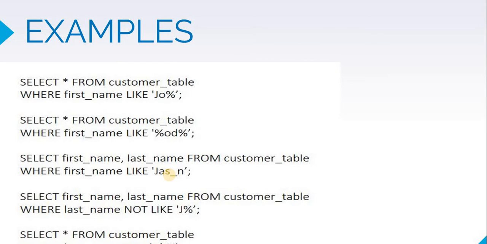Now suppose you want to find out customers whose first name consists of 4 characters, and after that there can be any number of characters. So now, how to find such customers? Here we need to use the underscore wildcard. For the first name, we will use 4 underscore characters. We need a space, and after that there will be a percentage symbol.